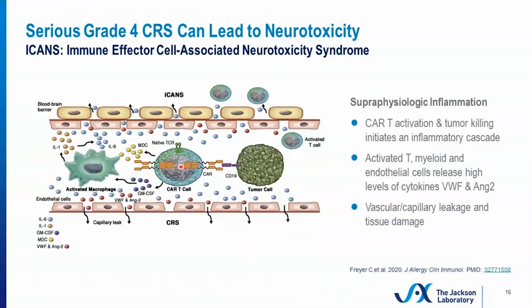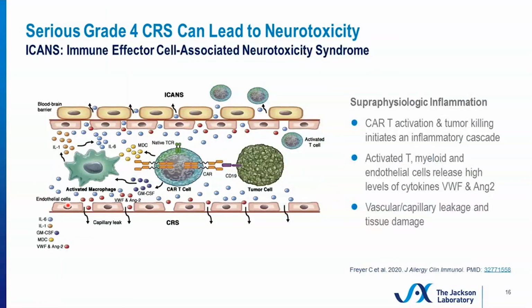So in the context of CAR T therapy responding to a CD19 B-cell lymphoma, that initiates the cytokine release response. And other cells, like myeloid cells, can respond to these cytokines being released, release a number of cytokines of their own, which can also interact with the endothelial cells.